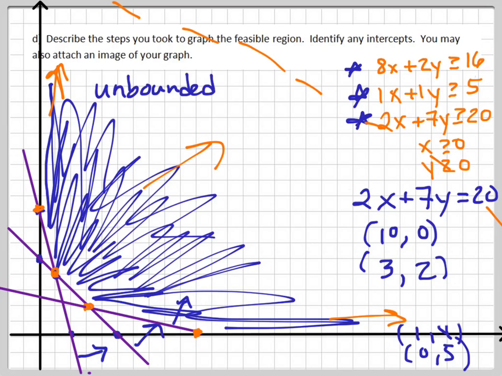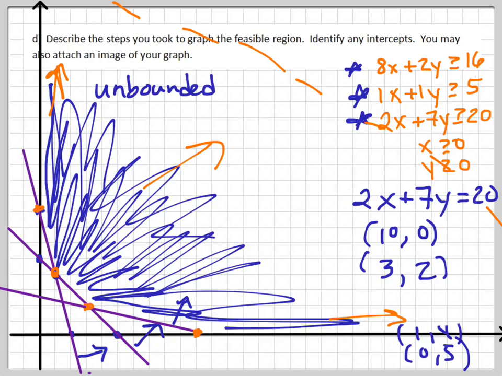Now this would be a problem if we were trying to maximize something, because we would need to check those vertices that are not graphed, but in this case we're trying to minimize a cost, so we can fairly certainly rule out those vertices as being our solutions, because it makes sense that the more pills you purchase, the greater your cost will be. So we really are mostly interested in just the small number of pills that can be purchased while still lying above those lines to indicate that she's getting enough vitamins.